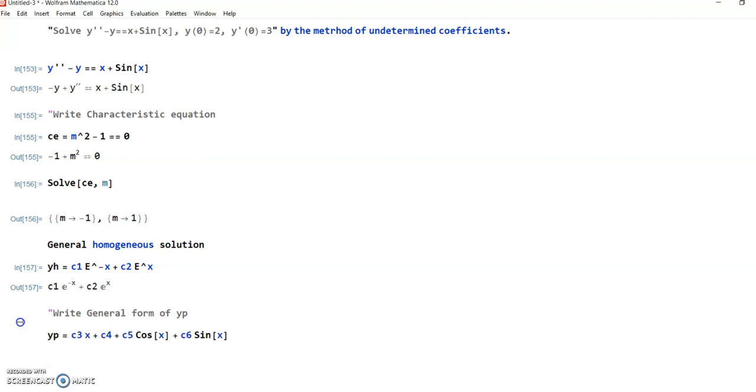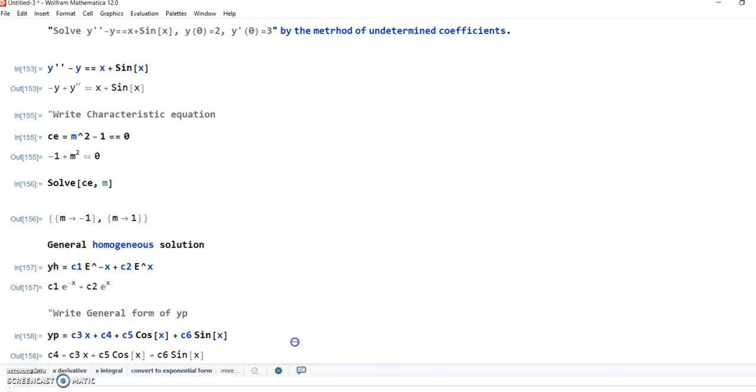So it will be yp is equal to c3 x plus c4 plus c5, and I am choosing the coefficients c3 and c4 for ax plus b. Instead of ax plus b, I'm using c3 and c4. And for the sine x, I will use c5 cosine x plus c6 sine x. So this is the solution.